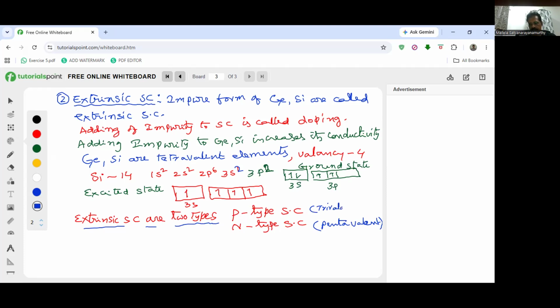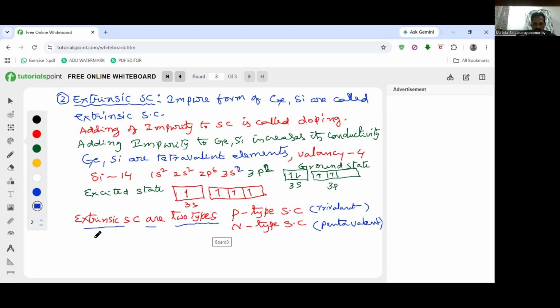Trivalent. So when a trivalent element is doped with silicon or germanium, you will get the p-type semiconductor. And with a pentavalent element, you will get the n-type semiconductor.